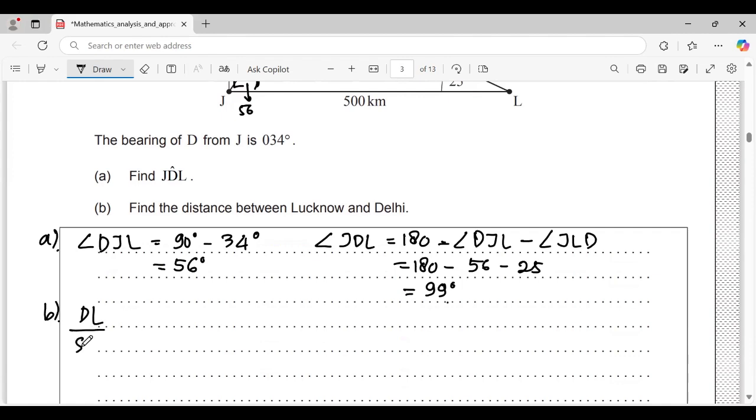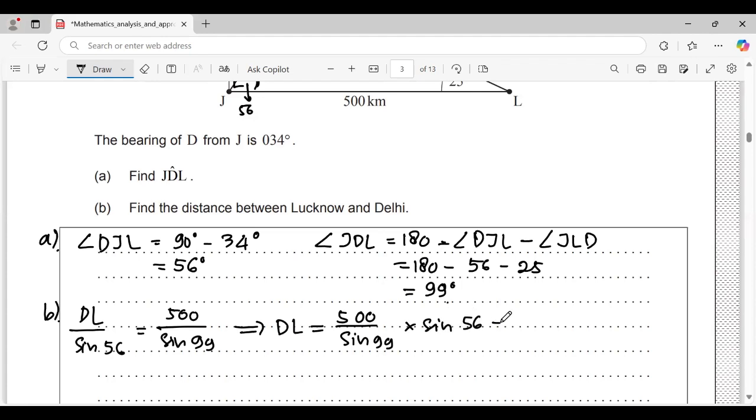We can rearrange this formula so that DL equals 500 over sine 99 multiplied by sine 56.